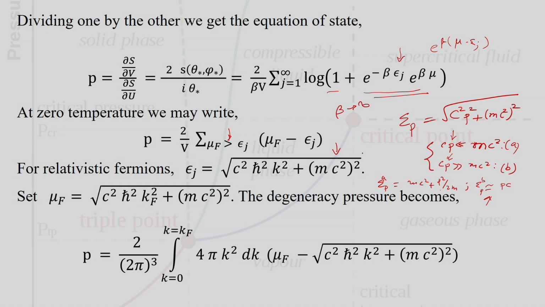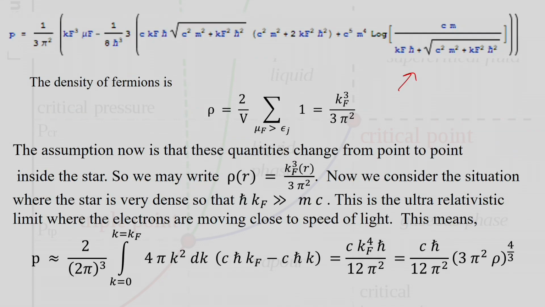So now I am going to become ambitious and do the general case where I write epsilon j in this fashion, and then I can write down the formula for the degeneracy pressure. So it turns out that the general expression is of this nature, which I already mentioned, and you can go ahead and recast this.